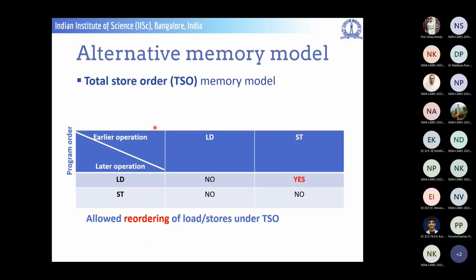However, here the table is saying that a later load in program order can bypass an earlier store as long as they are to different addresses. If they are to the same address, cache coherence takes control. There is no discussion about it. You can't. But if they are to different addresses, then a later load can bypass an earlier store.